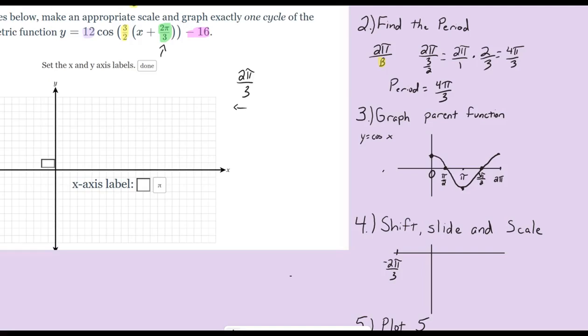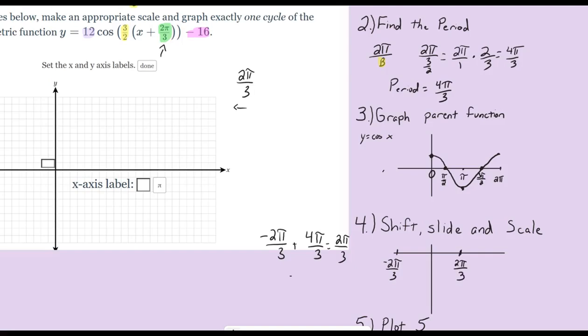Well, we said the period is 4 pi over 3. So we're going to do negative 2 pi over 3 plus 4 pi over 3. That's pretty simple, right? That's just going to be 2 pi over 3. So it'll complete one full cycle from negative 2 pi over 3 to 2 pi over 3.